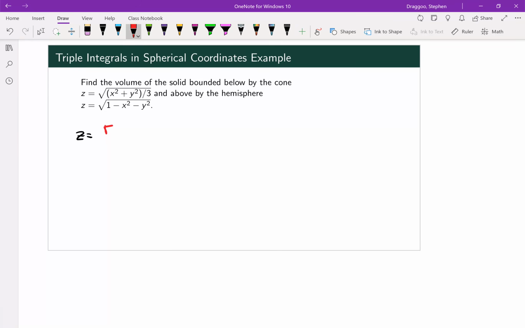So we'll call that z equals r over square root 3. That can be rewritten to give us square root of 3 equals r over z.